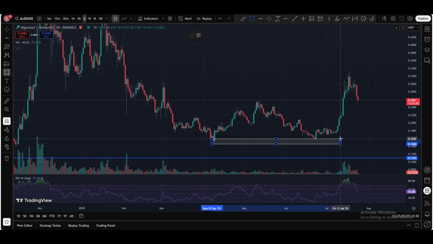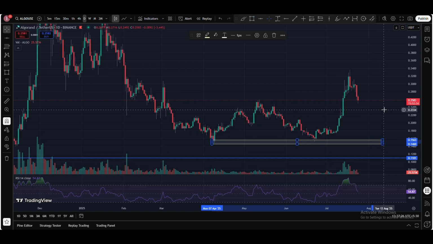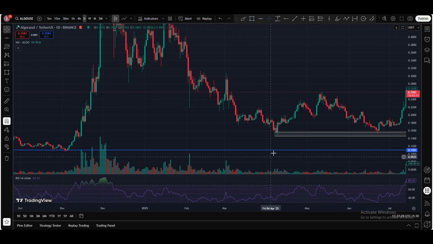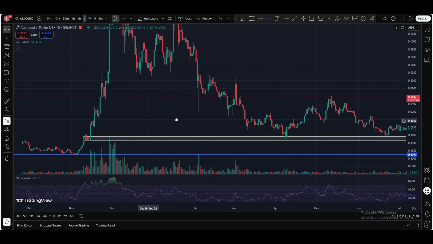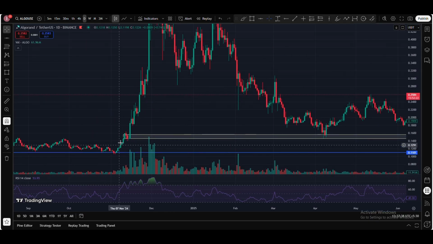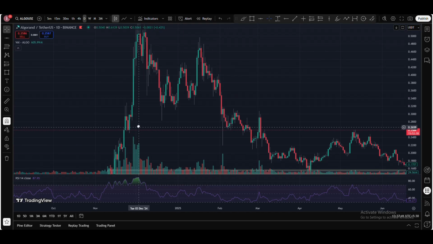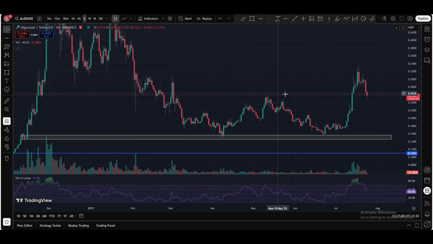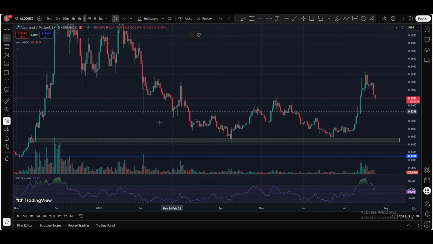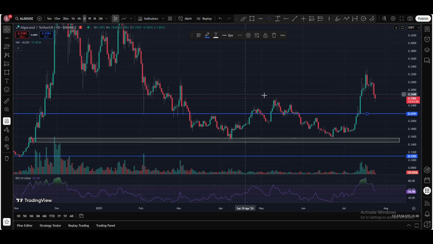We can use the rectangle tool and we can mark the support area. You can see this support area is very interesting because the up move is very high, and there is another support in this area.